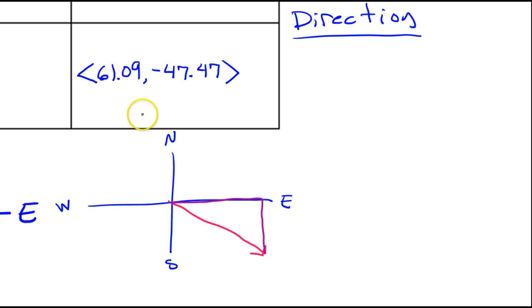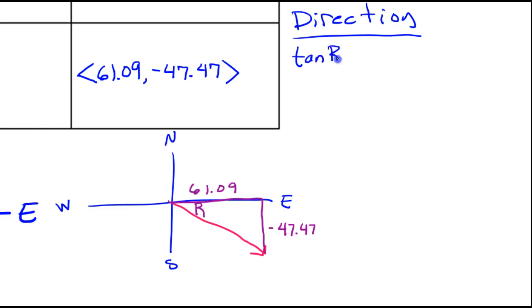Okay, the horizontal component is 61.09, and the vertical component is negative 47.47. Now, it will be useful to know the reference angle right here. So the way we can find the reference angle is by using tangent.